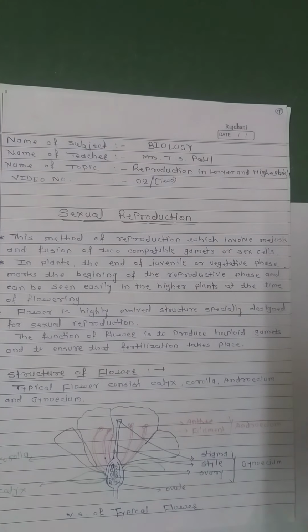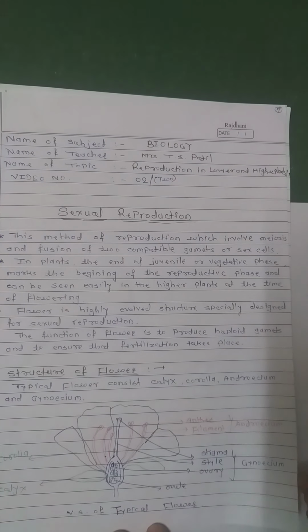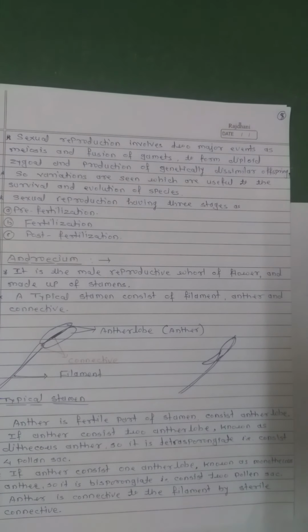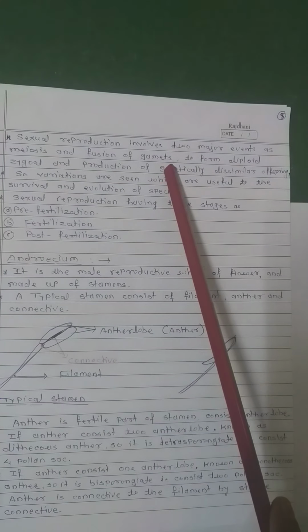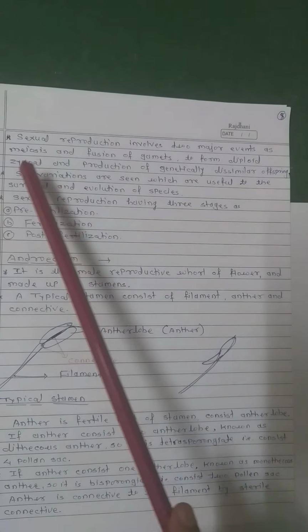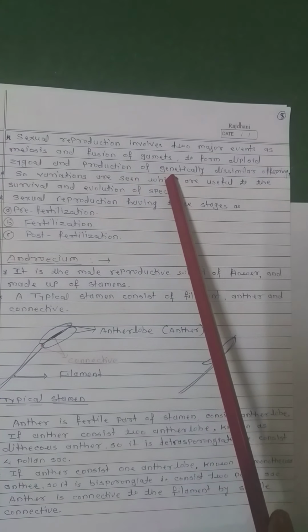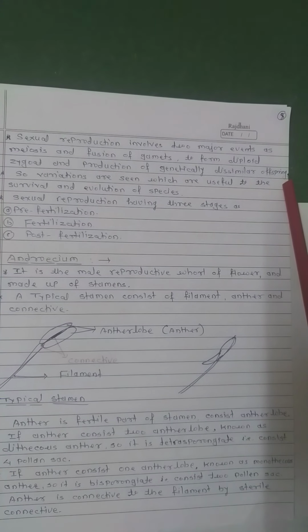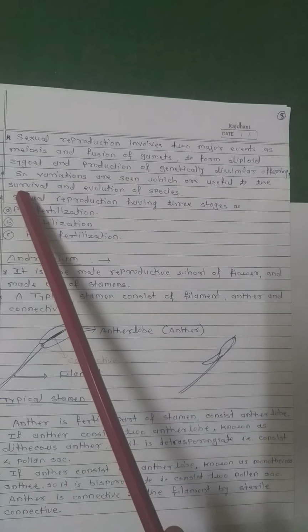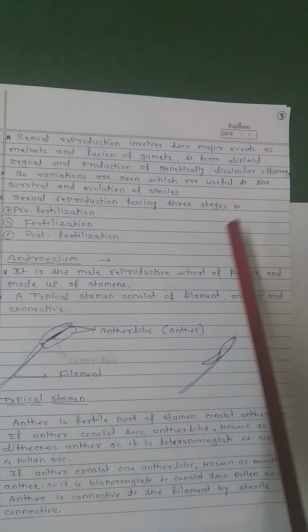Ovary produces ovules, in which the haploid female gamete is produced. Sexual reproduction involves two major events: meiosis and fusion of gametes to form a diploid zygote, and production of genetically dissimilar offsprings. So, variations are seen which are useful to the survival and evolution of the species.